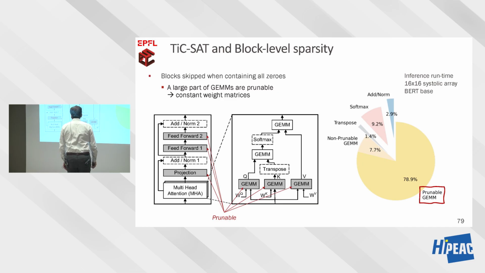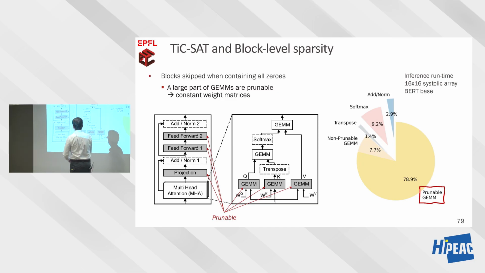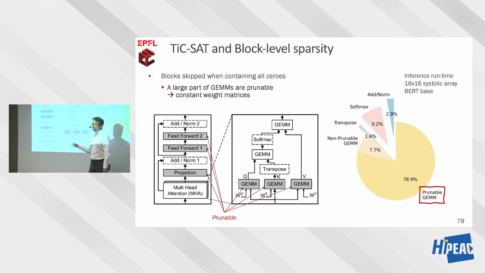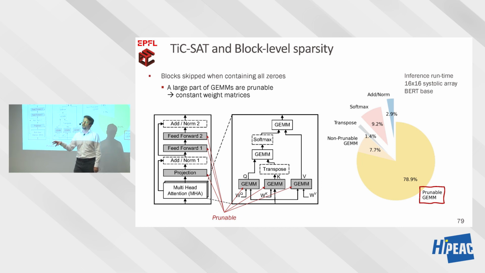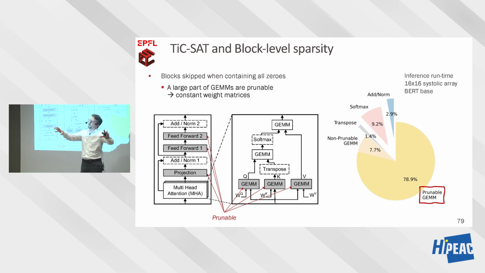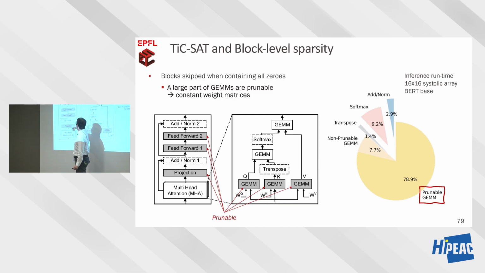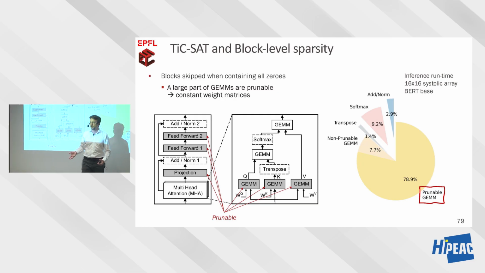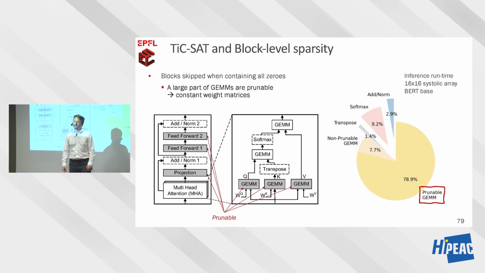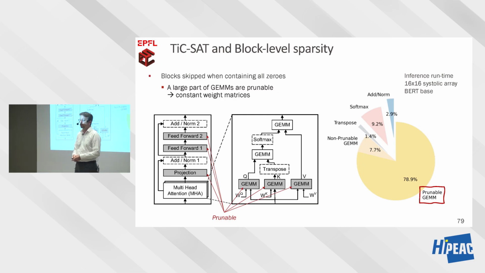This is rather cool, but we have to take into account that not all of the matrix-to-matrix multiplications in a transformer are between an input and a weight. If this is the case, and these are the operations in gray here, then we can do this trick. If instead we are multiplying two activation matrices, then this operation is not prunable, at least not statically.